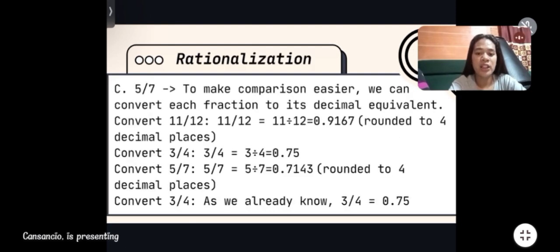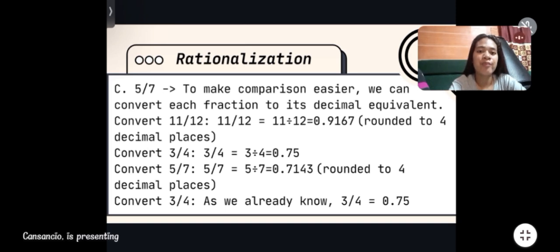To make comparison easier, we can convert each fraction to its decimal equivalent. Convert 11 over 12, which is 11 divided by 12, which is equal to 0.9167, rounded to 4 decimal places. Convert 3 over 4, which is 3 divided by 4, which is equal to 0.75.